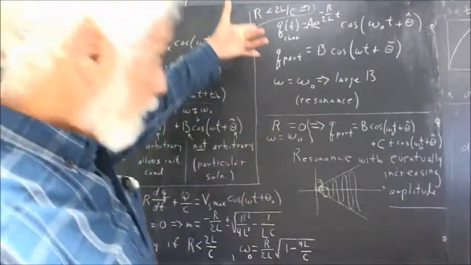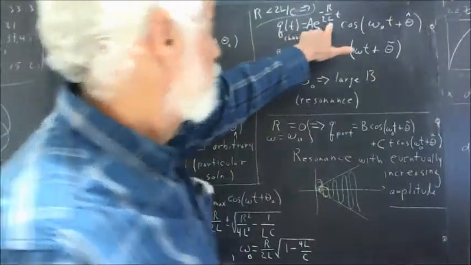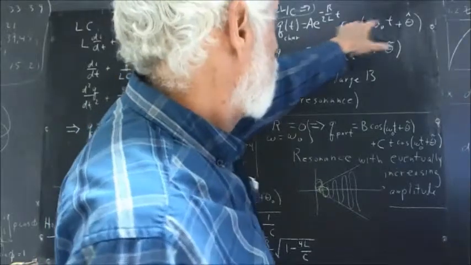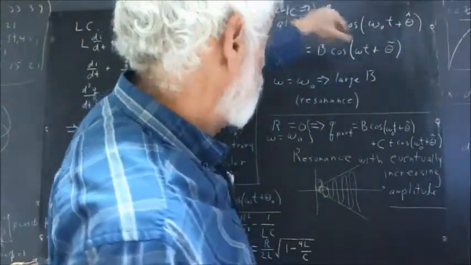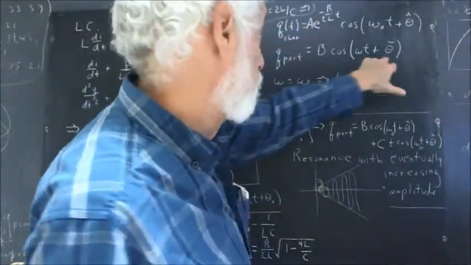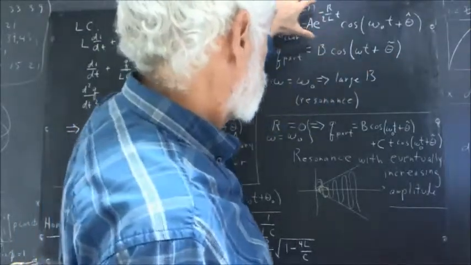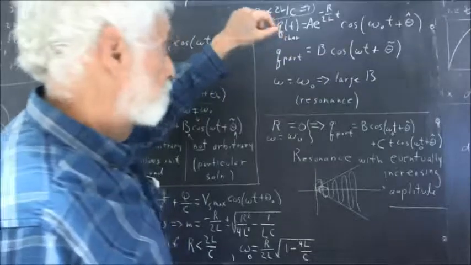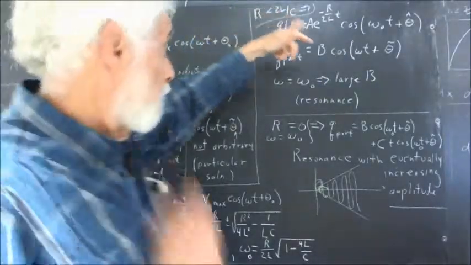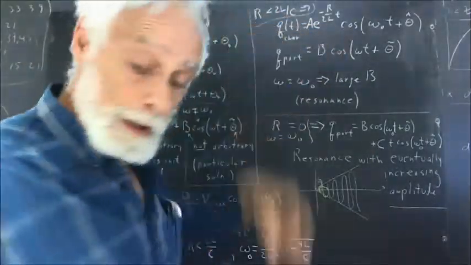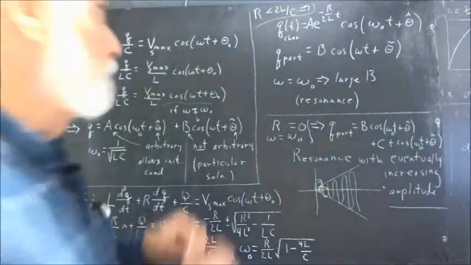I'll mention also the nature of this solution. This is going to exponentially decay. So you have an oscillation that exponentially approaches 0, but your particular solution maintains a constant amplitude, so that after this decays, this takes over. So that the characteristic solution is transient.